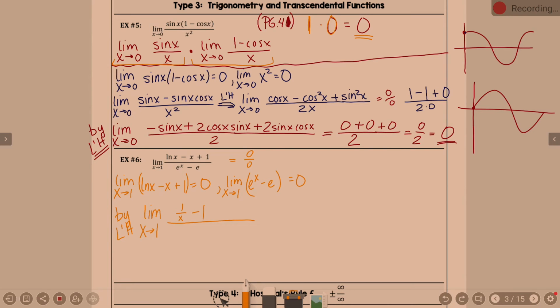Derivative of the denominator: derivative of e to the x is e to the x, minus derivative of e, 0. Now we plug our 1 in. 1 minus 1 divided by e. Zero divided by e, which is 0.